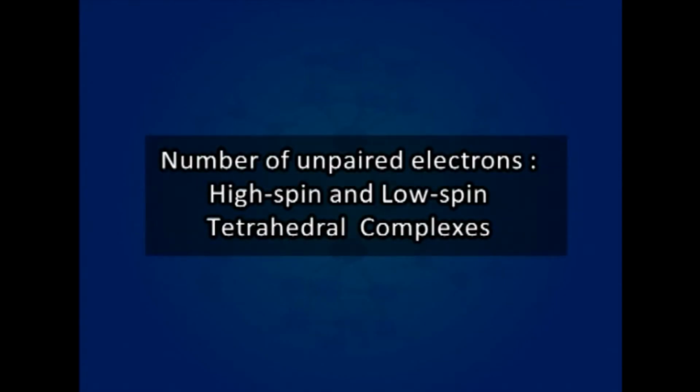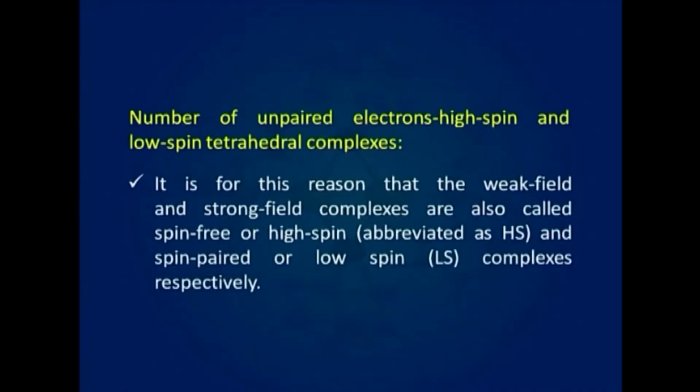As we have discussed in the earlier lecture, for tetrahedral complexes, weak field complexes of d3, d4, d5 and d6 ions have a greater number of unpaired electrons than those of strong field complexes and are thus with a higher value of resultant spin, which you can denote by capital S. It is for this reason that the weak field and strong field complexes are also called spin free or high spin, and spin paired or low spin complexes respectively.